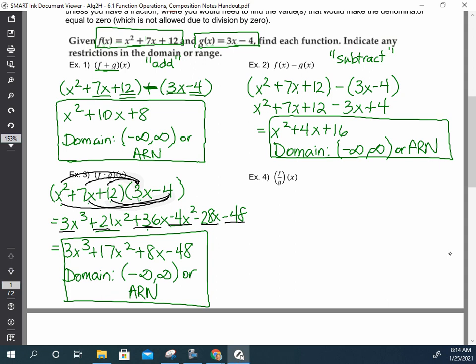Last one is division. Division from a setup standpoint is actually not that difficult. X squared plus 7x plus 12 divided by 3x minus 4.